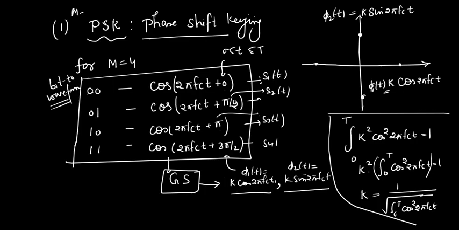So now our aim is to represent each of these in terms of these bases. As you can see, S1T is cos 2 pi FCT, right? So S1T will be 1 by k. This is your S1. See what S1 is: 1 by k and 0.